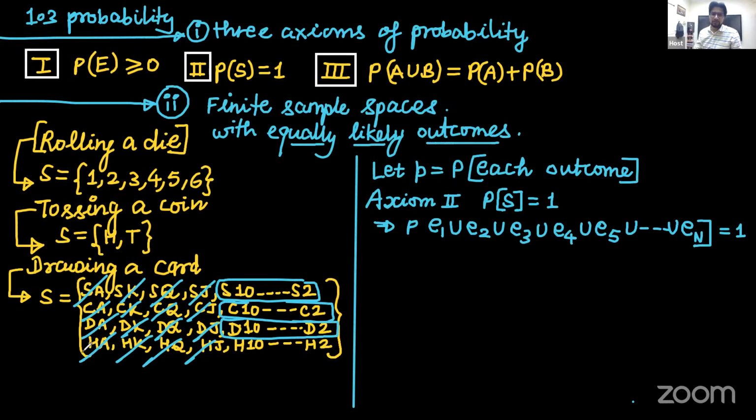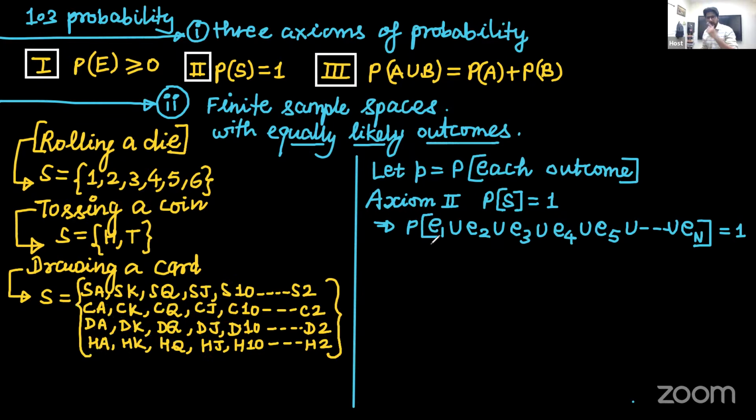So 13, 13, 13, 13 becomes 52. Capital N is 52 in the example of cards, and capital N is 6 in the example of dice.